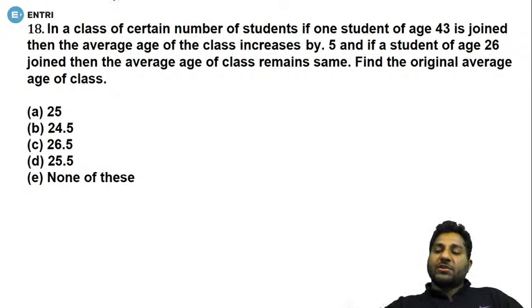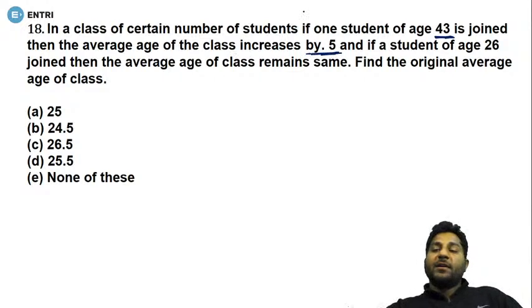So the next question is: in a class of certain number of students, if one student of age 43 joins, then the average age of the class increases by 0.5.